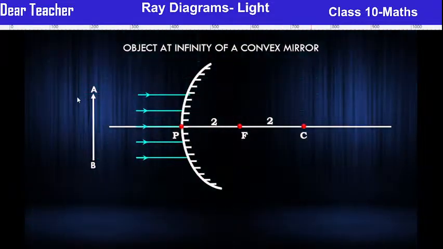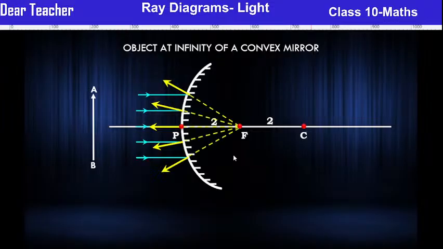From infinity, all the lines come parallelly and fall on this convex mirror. As per rule number 1, any line which is parallel to the principal axis reflects such that it appears to diverge from the focus.